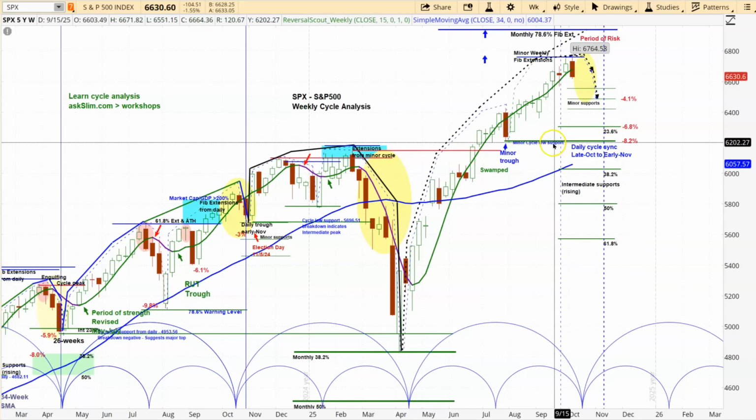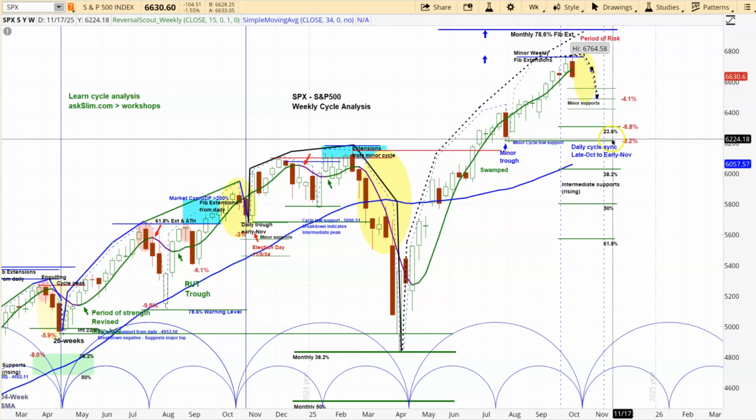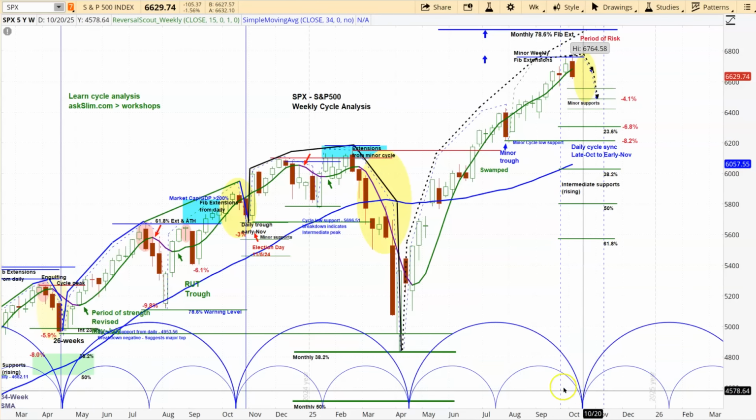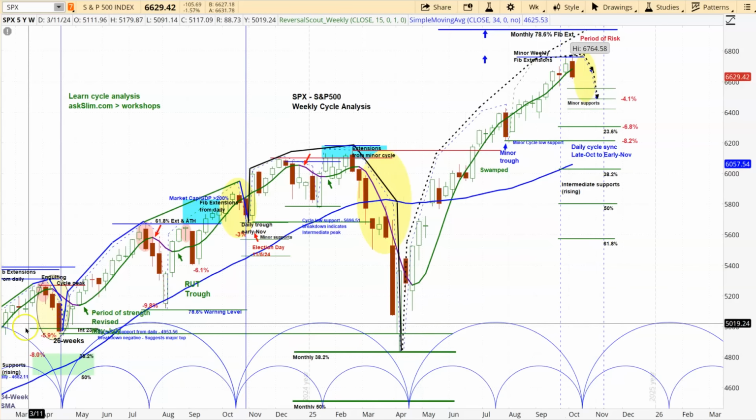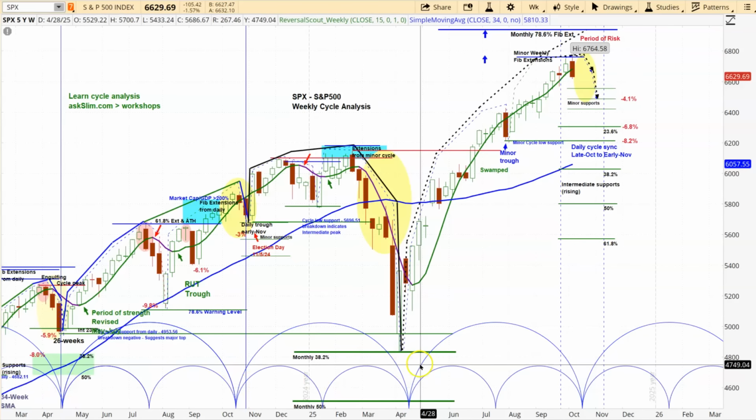This right over here is that cycle low, and that would be down about 8.2%, just around 6,200. So any of those numbers could happen in here. This corrective downside force that you can see is very commonly pushing the market down in all of these periods. And that's where we are right now in what I consider a corrective phase.